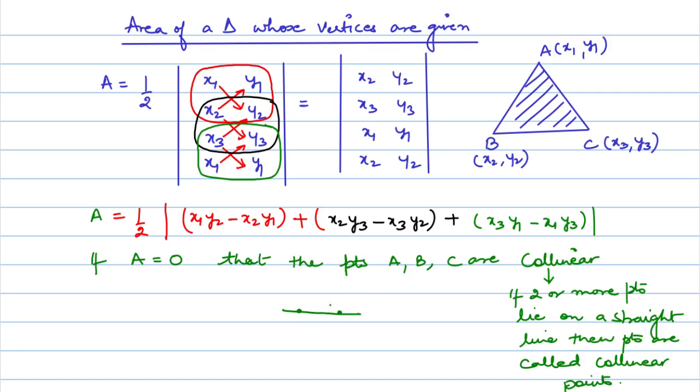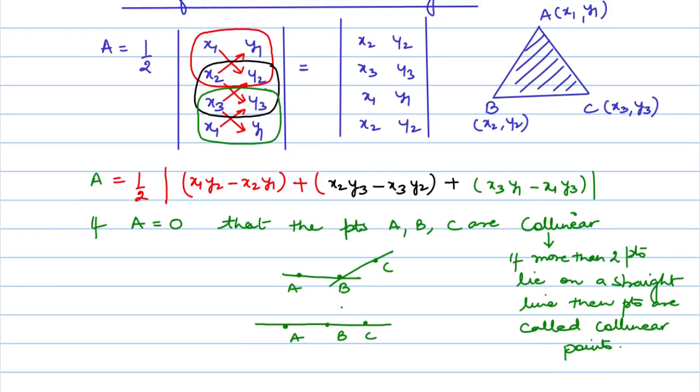But the problem comes when we have three points. Let's say this is your third point. Now these three points are not lying on the same straight line. They are lying on different lines. If all the three points lie on a straight line, then these points will be called collinear.